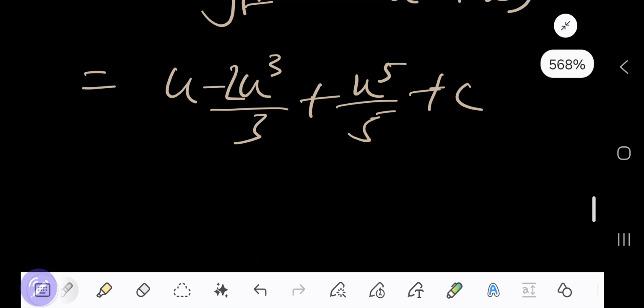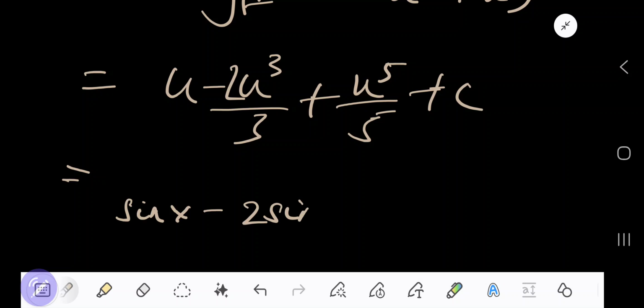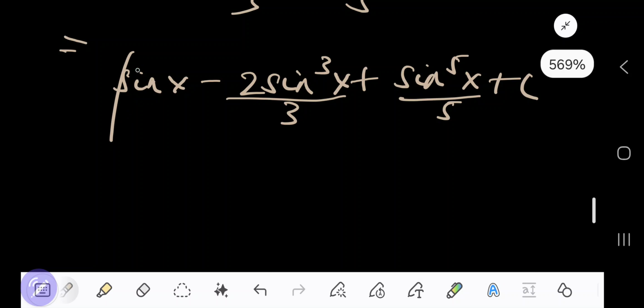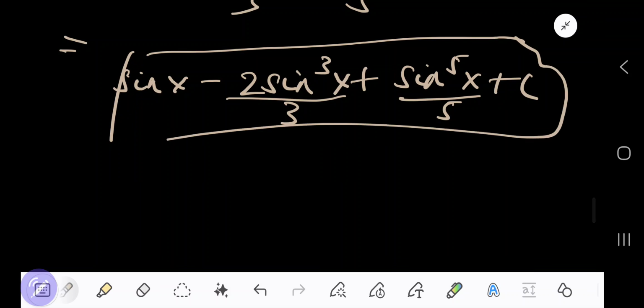Once u was, if you remember, sine x, so our final answer is sine x minus 2 sine cube x divided by 3 plus sine fifth x divided by 5 plus c. So this is your final answer.